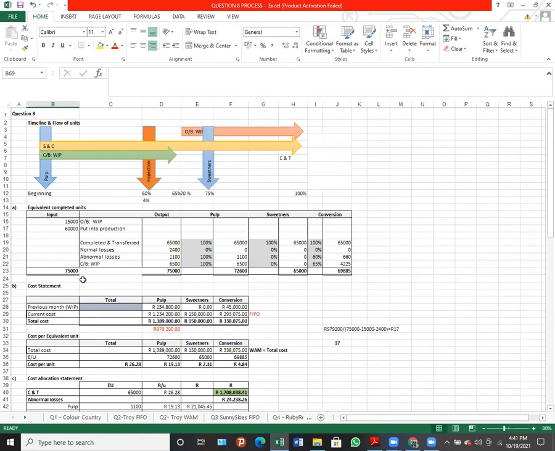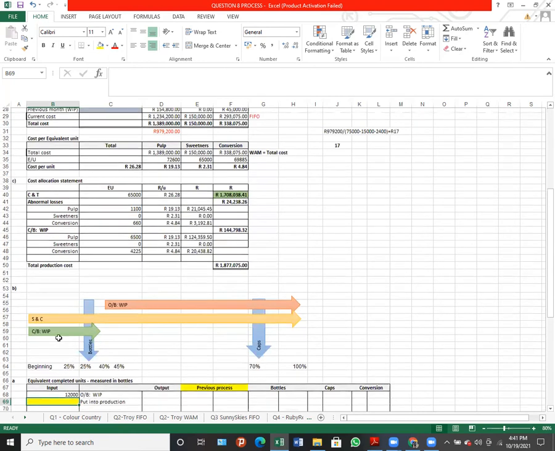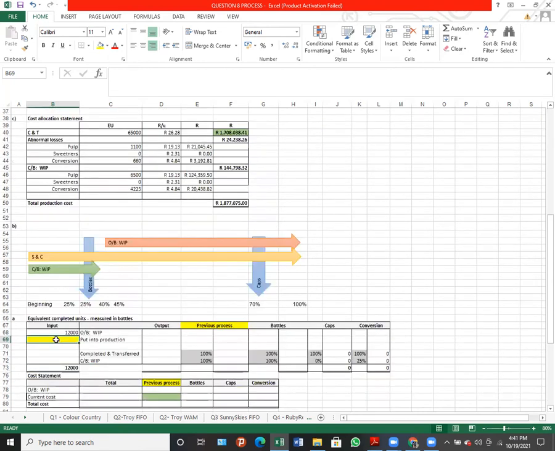Now we are done with our mixture. Our juice is ready for bottling, ready to be filled in the 500 milliliter bottles. How many liters are we going to put into production?